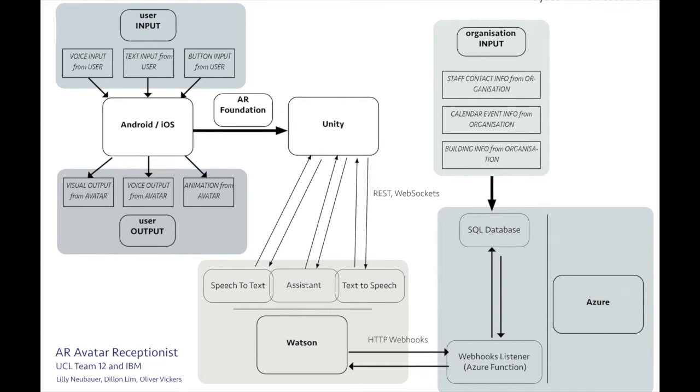Much of the functionality of communicating with the Watson Cloud from Unity is handled by the Watson Unity SDKs, which sit underneath our code for how the application and the avatar should behave given particular inputs and outputs. For example, if the avatar detects a certain intent from the Watson Assistant Cloud, it will animate in a certain way depending on this intent.